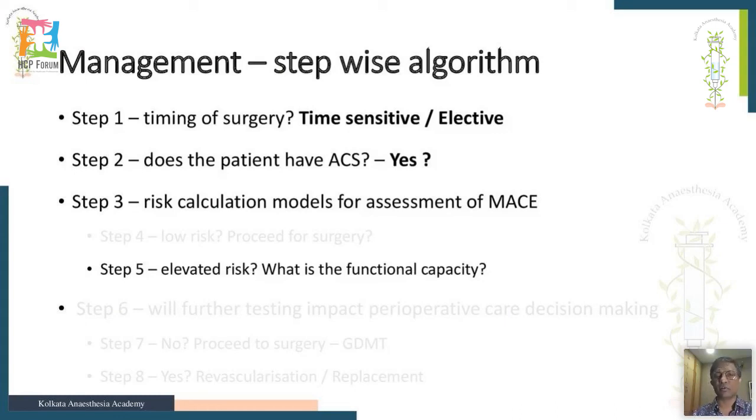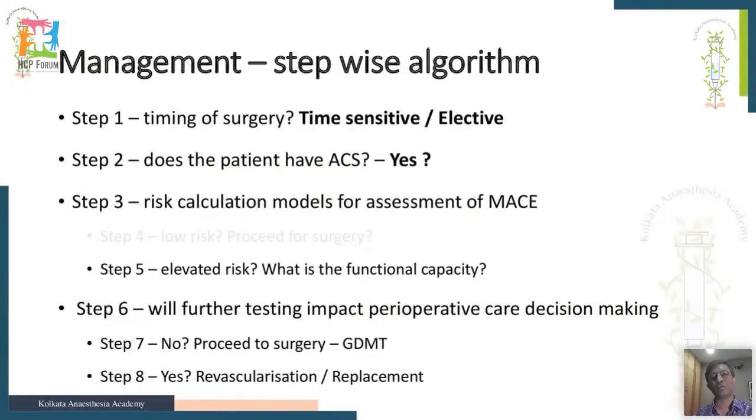Yes, the person has. Then you apply the risk assessment models, stabilize the active cardiac condition, and figure out whether there is an elevated risk, try to find out the functional capacity, and then decide what you want to do. Whether you need to do further testing, will further testing help, and then take it up.